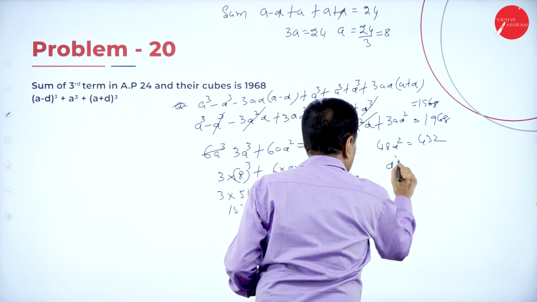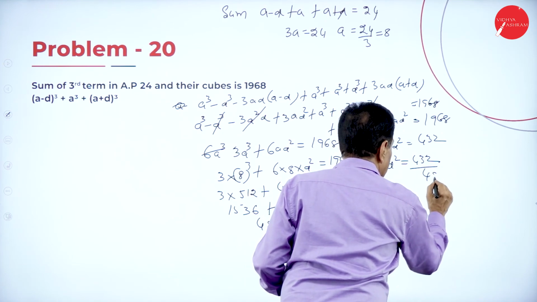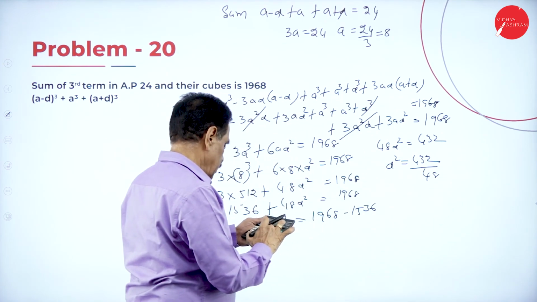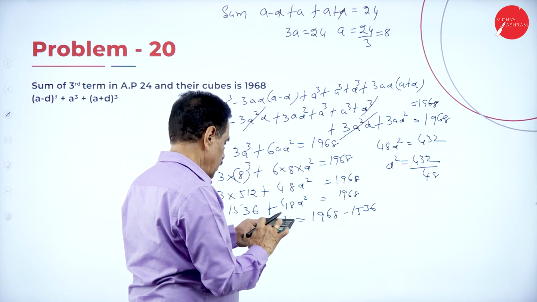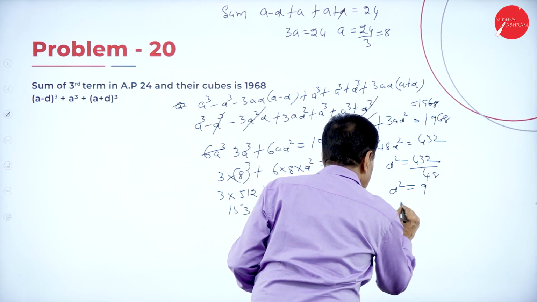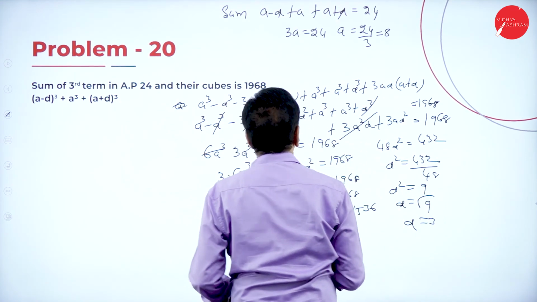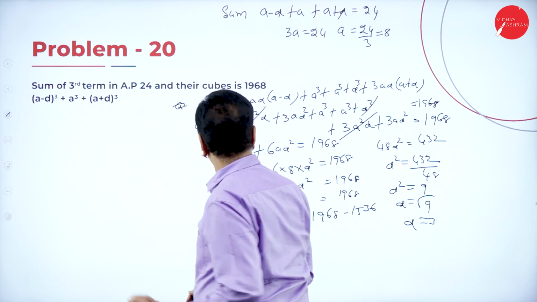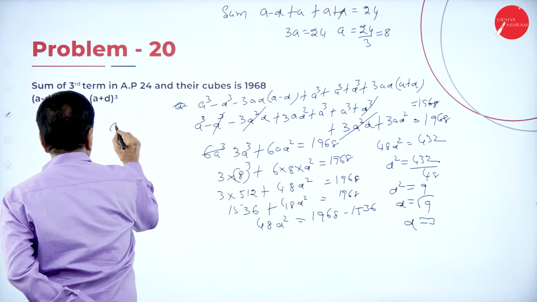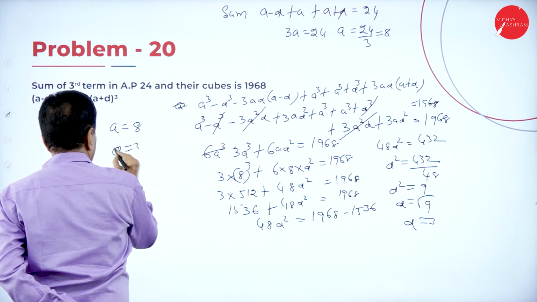D square is equal to 432 divided by 48, which is 9. D square is equal to 9. D is equal to root of 9, D is equal to 3. So we arrive at the figure: A is equal to 8, D is equal to 3.